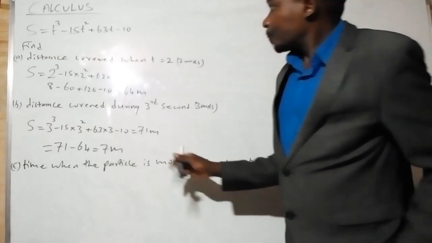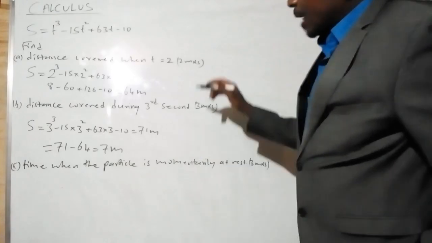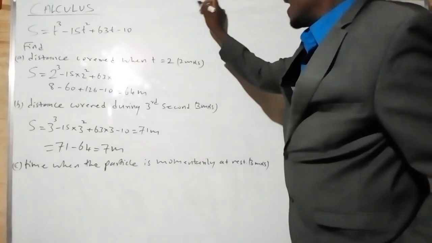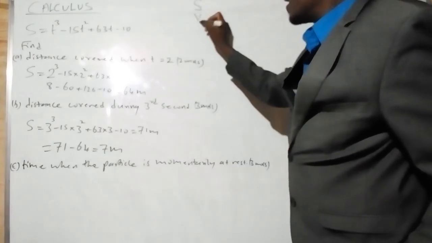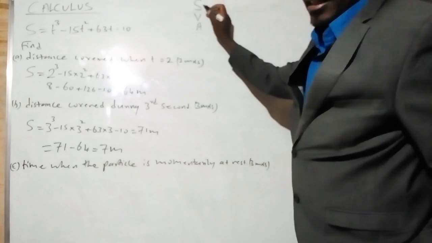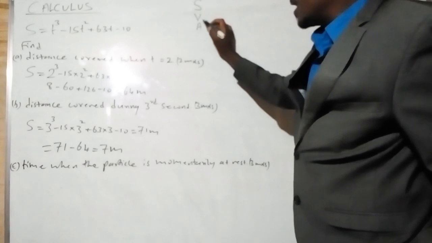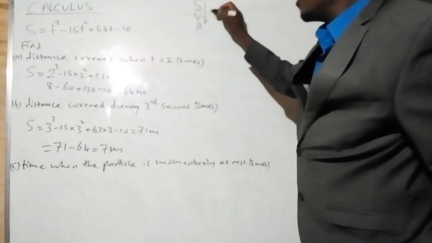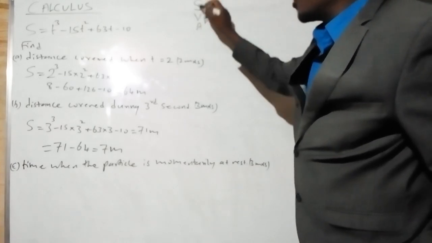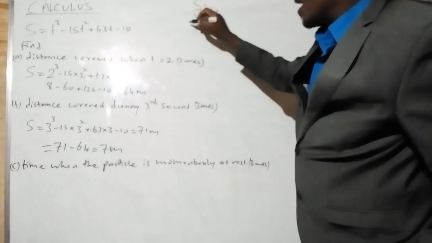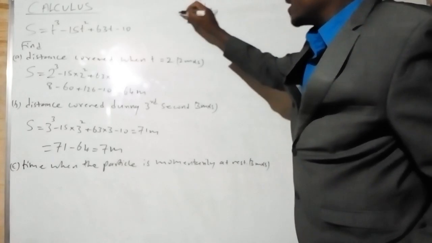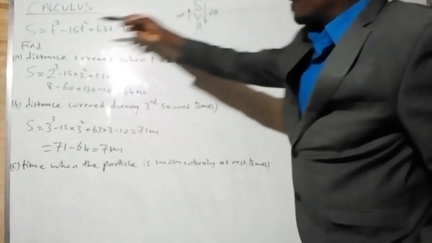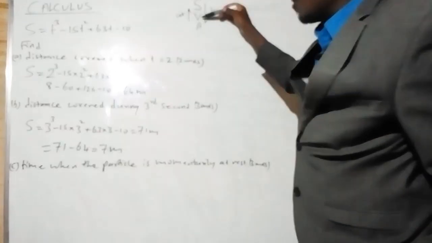S, v, a: S is distance, v is speed, and a is acceleration. From S to a downward, we differentiate. From acceleration upward, we integrate. Now we are coming from distance to v, velocity, and the particle is momentarily at rest when v is 0.